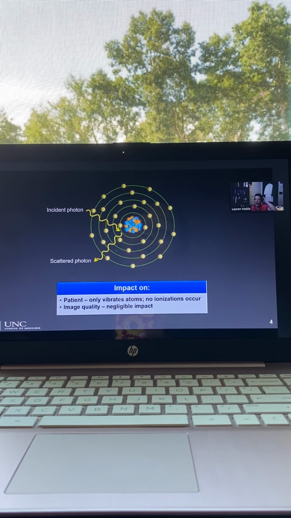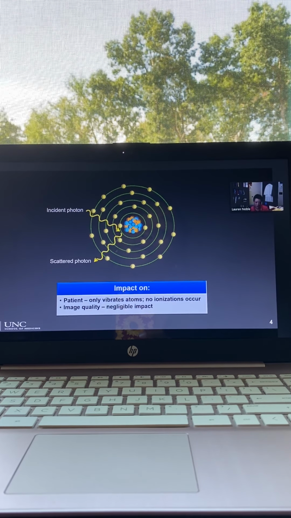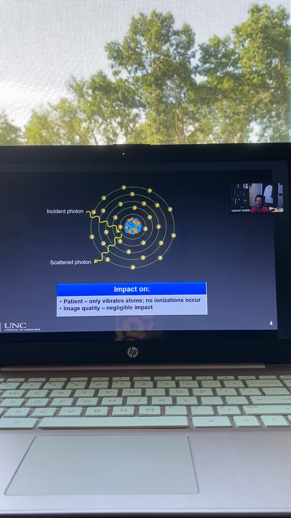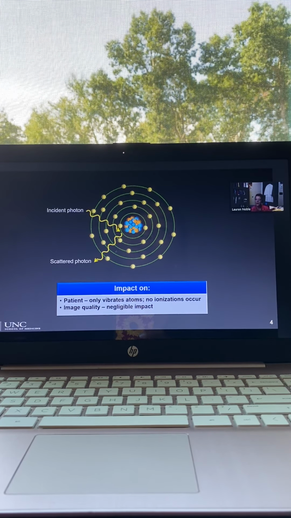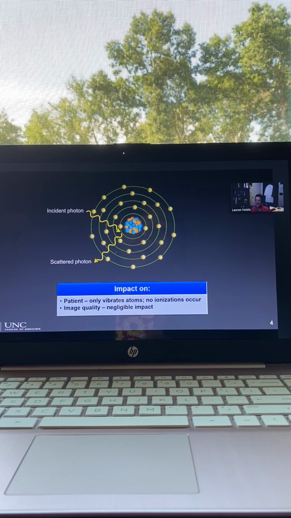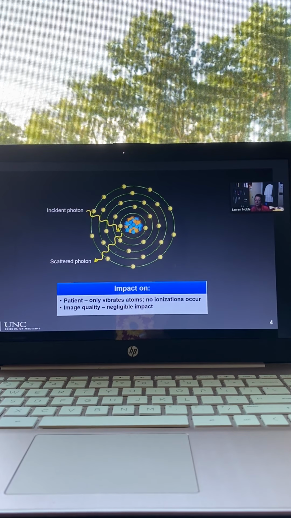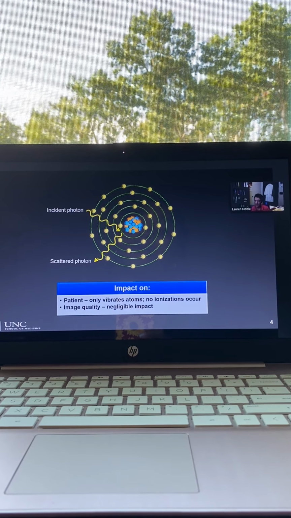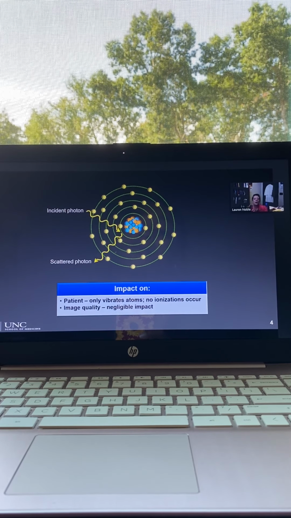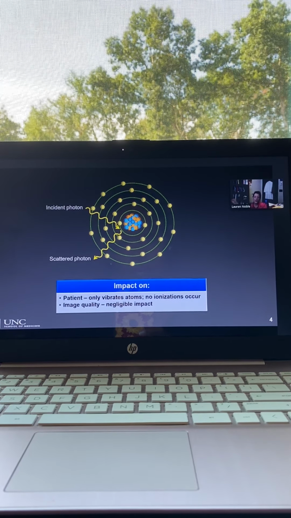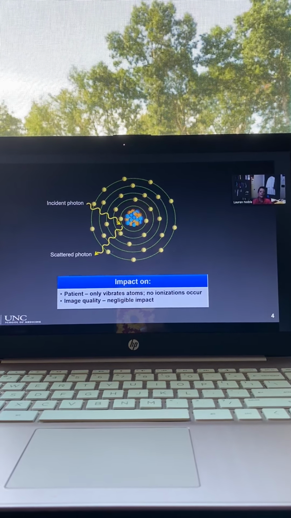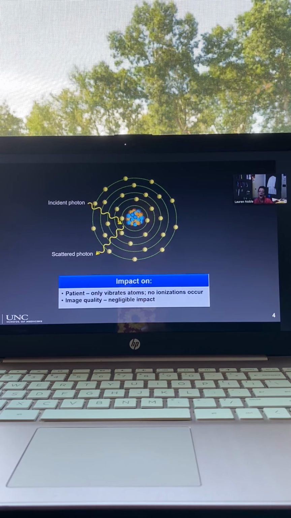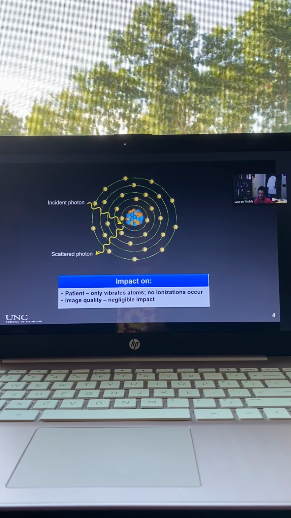This is how an X-ray behaves like a wave. The energies at the low end of the spectrum have wave-like properties. They heat atoms up, but they don't ionize atoms. It's not until you get up around ultraviolet, X-rays and gamma rays that there's enough energy to actually ionize an atom.